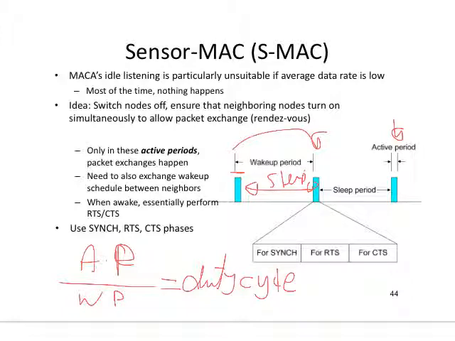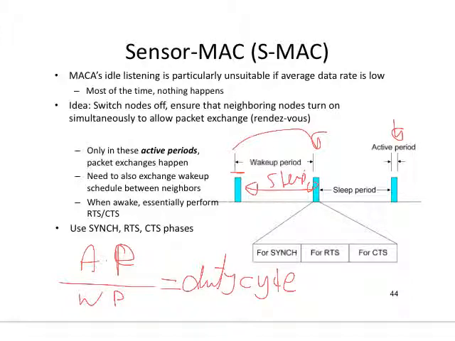Otherwise you can be in sleep mode. Okay. This assumes that during the active period, I'm expecting to send or receive. This is the period where I can send or receive anything to all the other nodes around me.